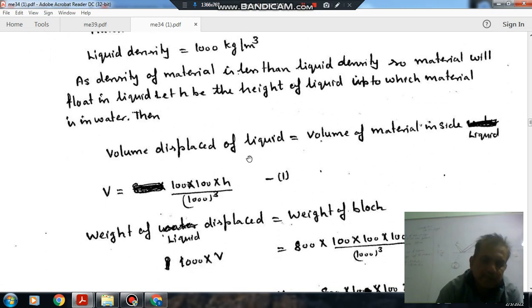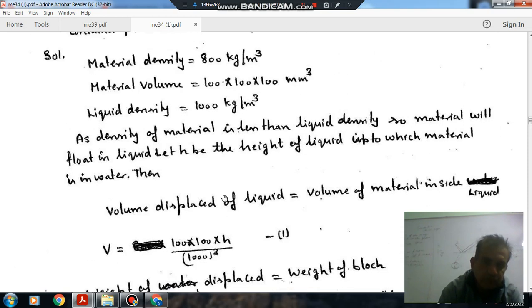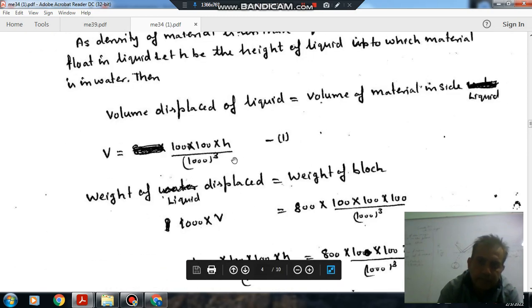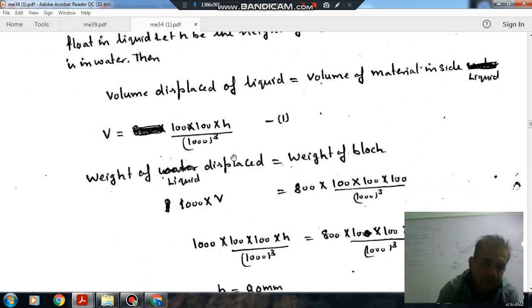Let h be the height of the material that is inside the liquid. Then the volume inside the liquid is 100 into 100 into h divided by 1000 cube, because these are in mm, changing into meter cube.